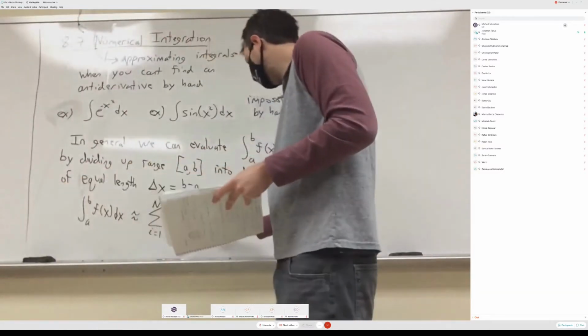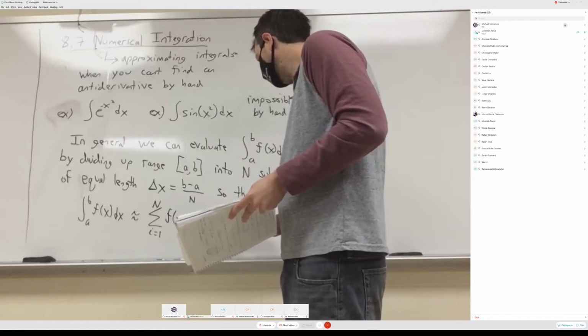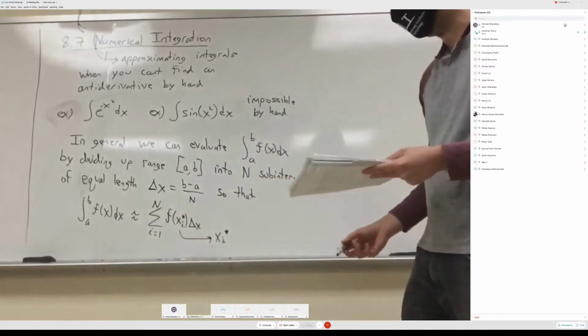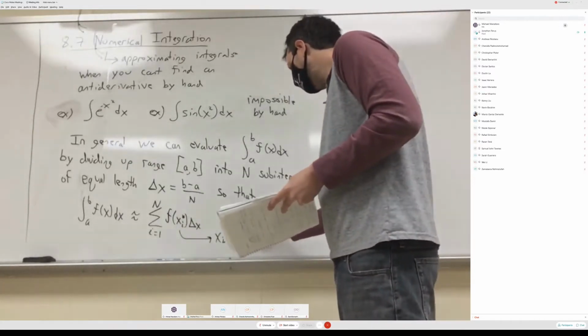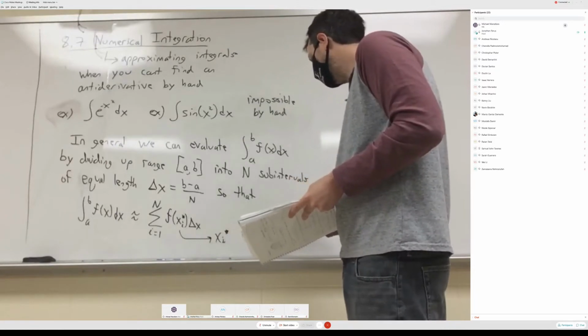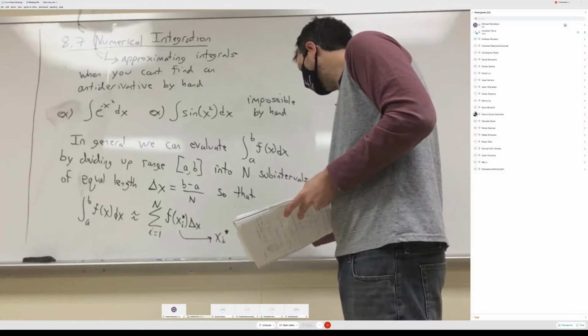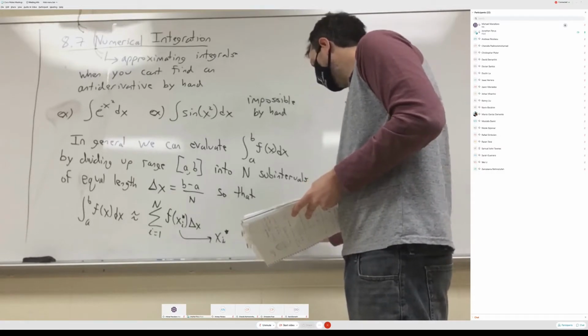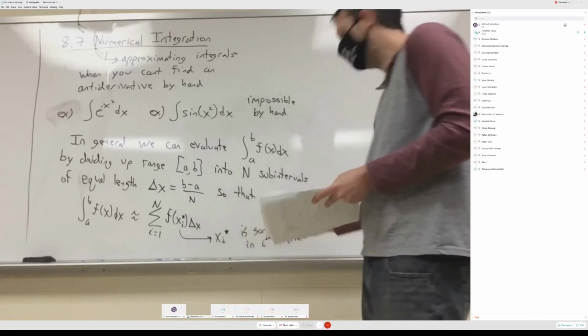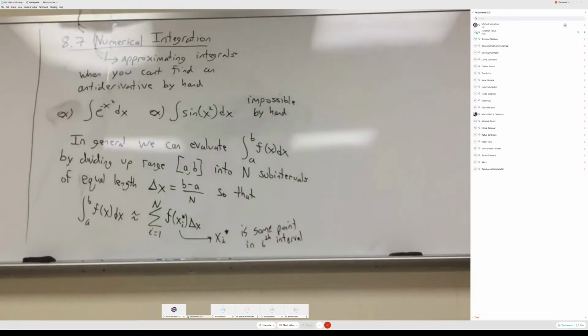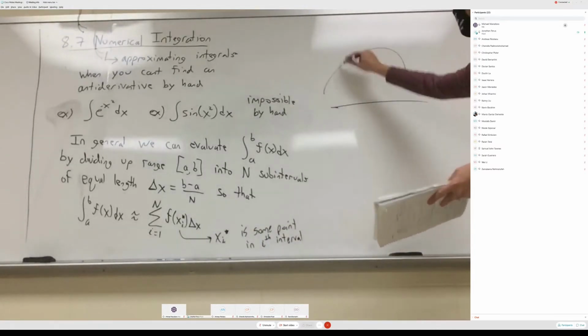So this x sub i star is some position in the ith interval. So I'm going to say it's some point in the ith interval. Now there's different techniques whereby that point is different. That's the basic idea. And so if you can imagine, here's some curve, we'll do a bunch of these in a second.